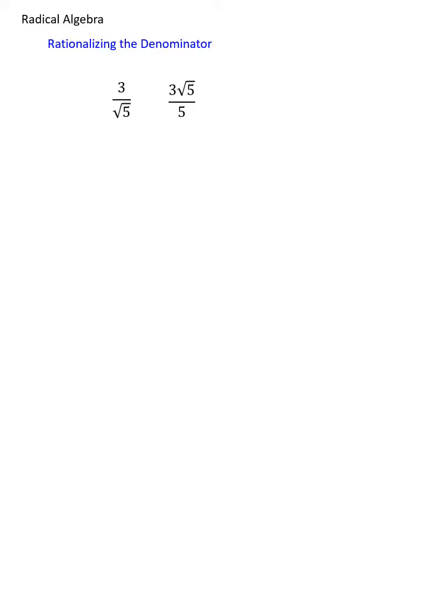Well, there's a long history behind that. This video won't go into it, but suffice it to say it's an algebra tradition, whenever possible, to get the radicals out of the denominator, which most of the time means replacing them into the numerator in some fashion or another. But that's what we mean when we say rationalize the denominator. There's no longer a square root in the denominator.